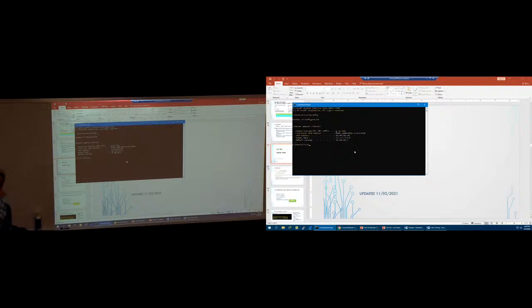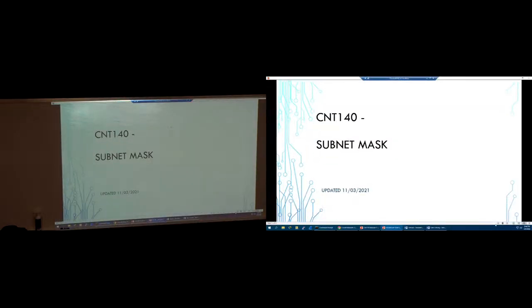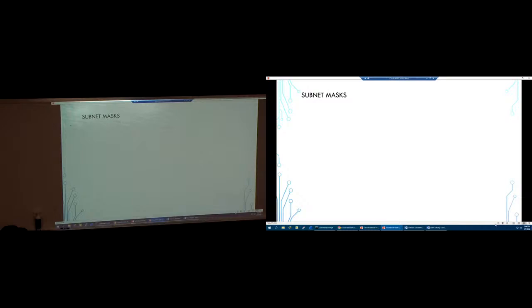The difference between a subnet mask and an IPv4 address is that all the ones will be in a row and all the zeros will be in a row. Did you see how it was 255, 255, 254? It's always going to be like that. It's never going to be like 10, 1011, 001. It's always all the ones, and when it goes to the zeros, then it's all zeros.